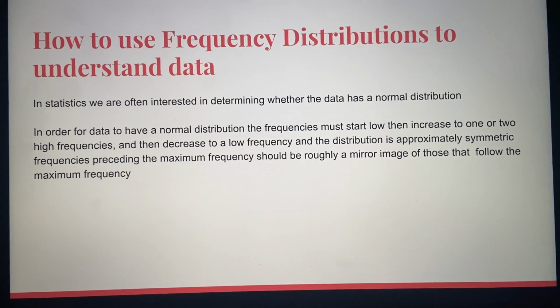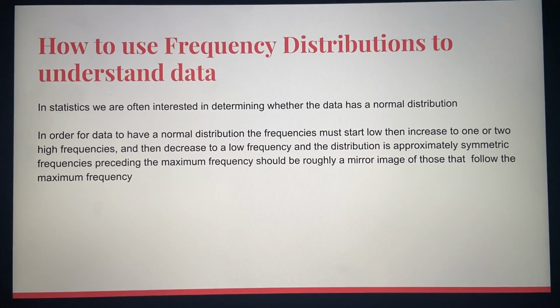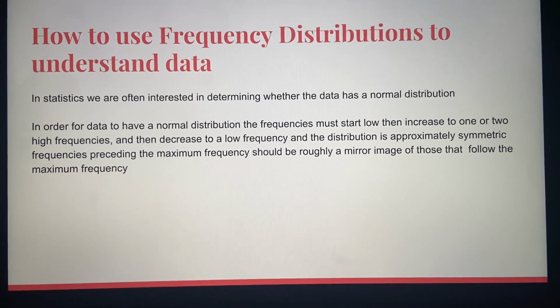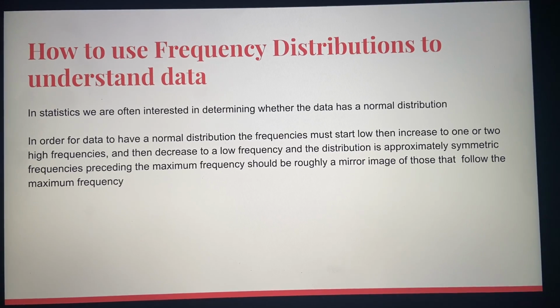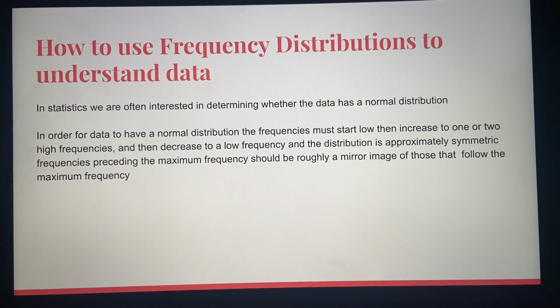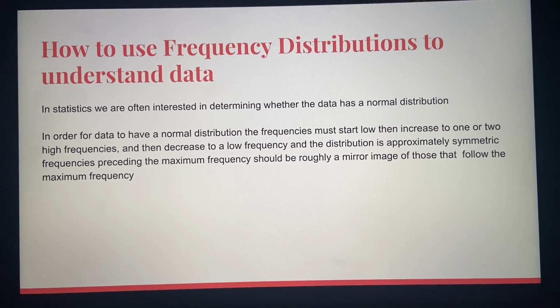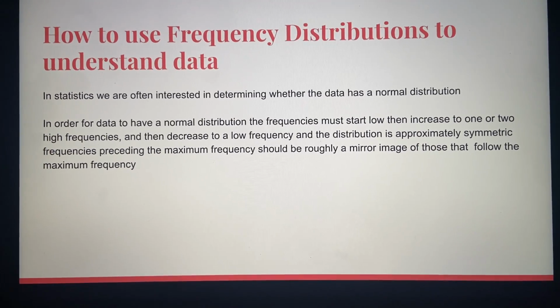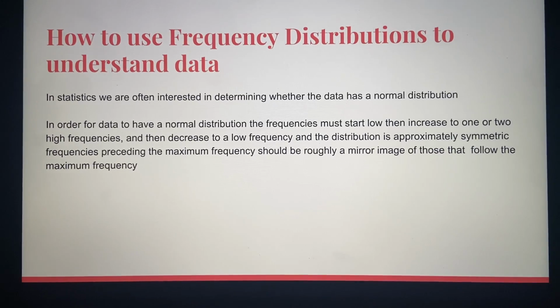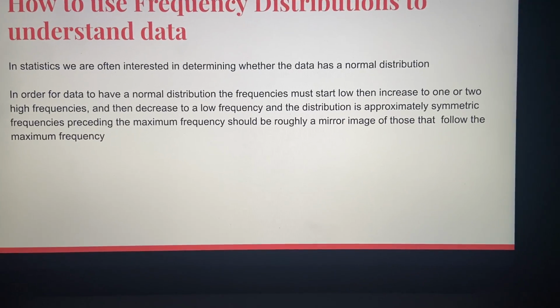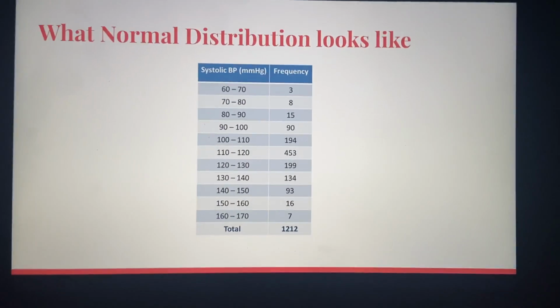So the frequencies must start low, then increase to one or two higher frequencies, and then decrease to a lower frequency, and the distribution is approximately symmetric. Frequencies preceding the maximum frequency should be roughly a mirror image of those that follow the maximum frequency. And I'm going to be showing you what a normal distribution table may look like.